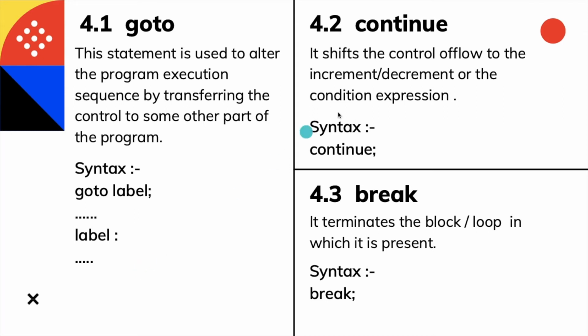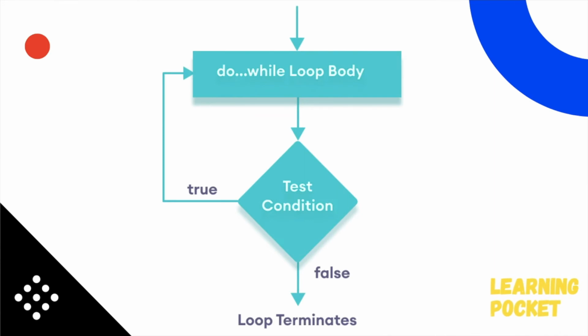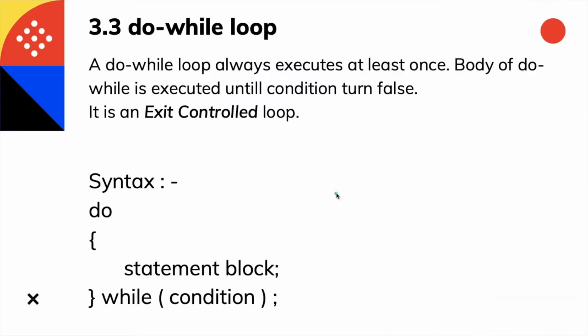Secondly, we have the continue statement. The continue statement doesn't do much. It shifts the control of flow to the increment or decrement of the conditional expressions. You must have learned about loops, and there is a test condition in all three loops.